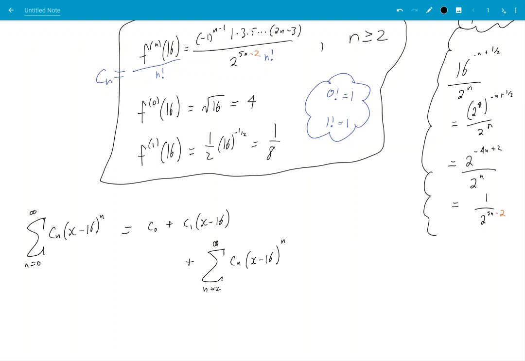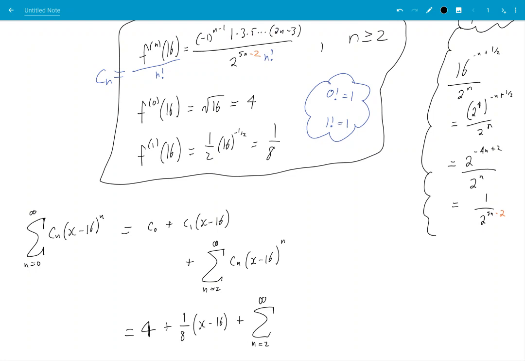Okay, so now I'm ready to write down my series. C0 is just the 4. It would be 4 over 0 factorial, but that's just 4. Then C1 is the 1 over 8 divided by 1 factorial, so just 1 over 8. Plus my big honking series, which starts at 2 and goes to infinity.